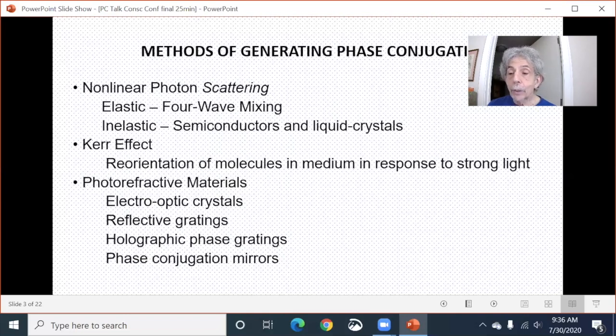In addition, we have photorefractive materials, which are mostly crystals and gratings, physical entities which can be used a bit like holographic gratings to generate an image of the input. So you still have an input and an output, and that input and output can couple to electrical processes, as in the brain. And of course, phase conjugation mirrors are the way to go.